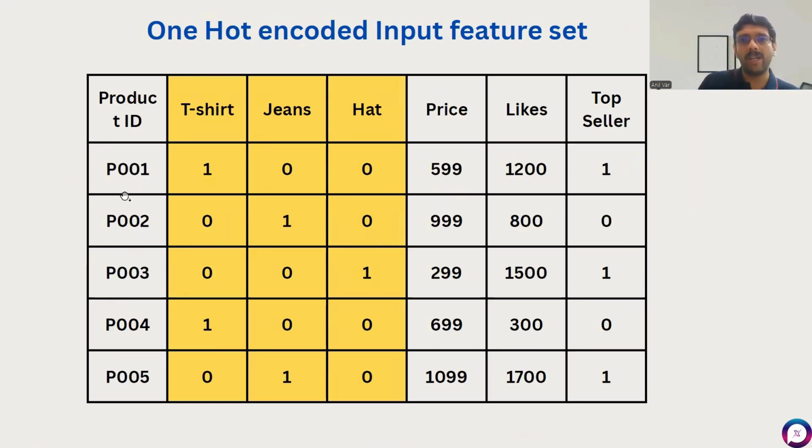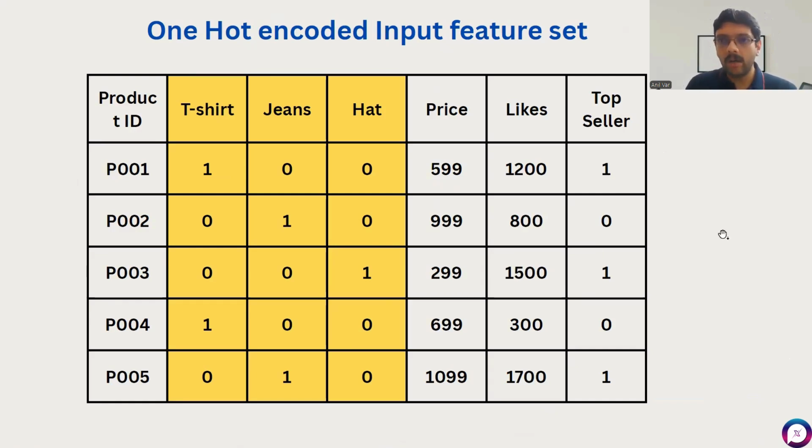So in this case, now your input feature would be product, whatever it is. But now you have the t-shirt, jeans, and hat. The product is not the input, right? These are the inputs. This is just the type of thing it is. So you'd say t-shirt, jeans, or hat, right? And then you'd have the price and the likes. And the output, the label, is whether it's a top seller or not.